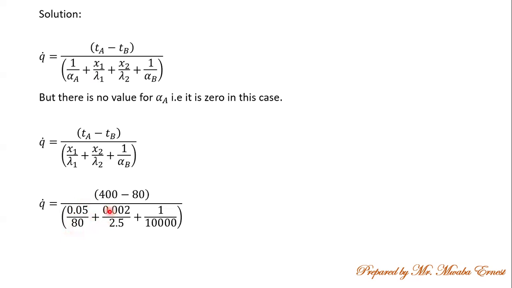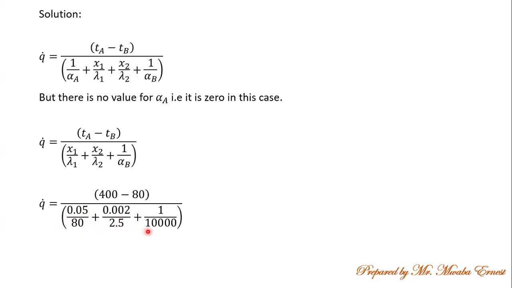The enamel is having a thickness of 0.002, 2 millimeters converted. Lambda number 2 is 2.5 watts per meter Kelvin. Then alpha B was 10,000 watts per square meter Kelvin.